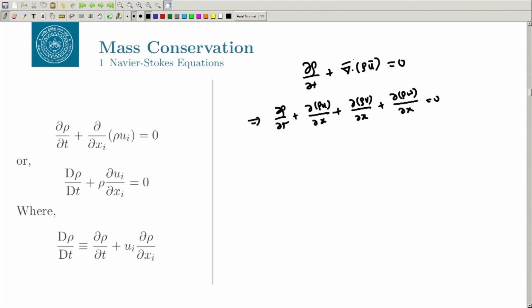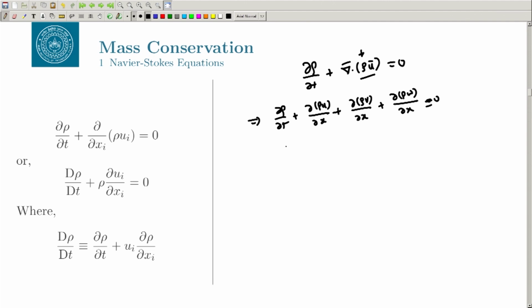Remember, there is a del operator which is dotted with the u vector. Rho is a scalar here. There is a reason we are taking rho inside the bracket, because we have not made any assumption whether the flow is incompressible or compressible till now.